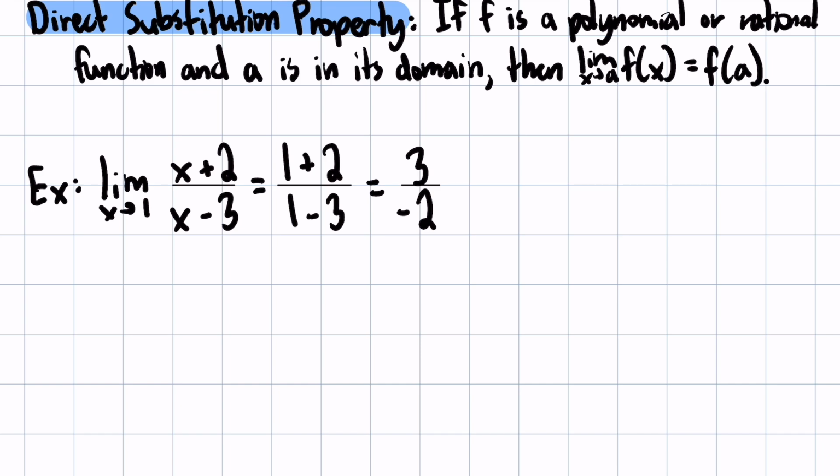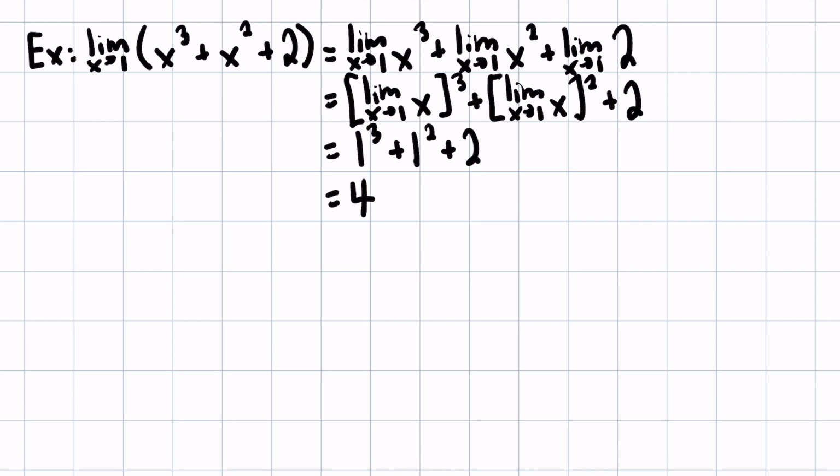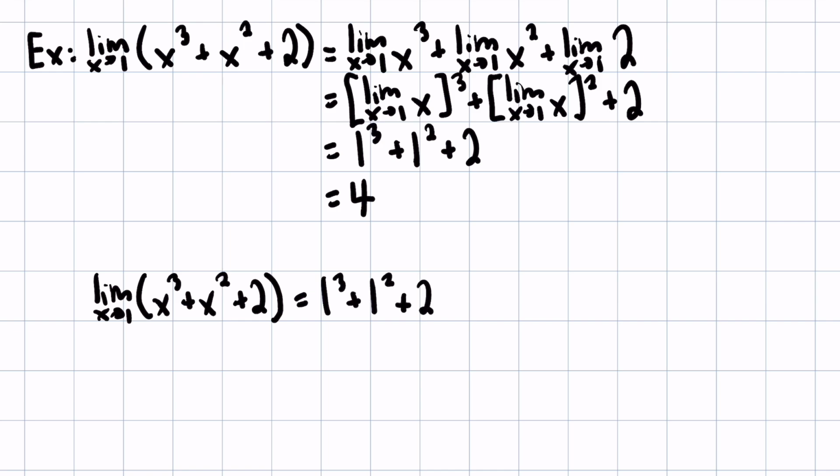We can also apply it back up here to this function that we did. For the limit as x approaches 1 of x cubed plus x squared plus 2, that's a polynomial, so we just have to plug in 1. So that's definitely a great little shortcut.